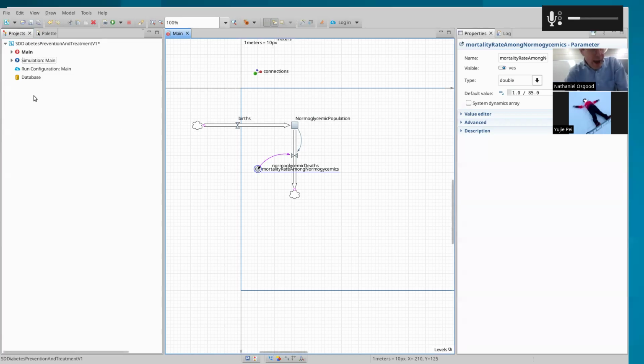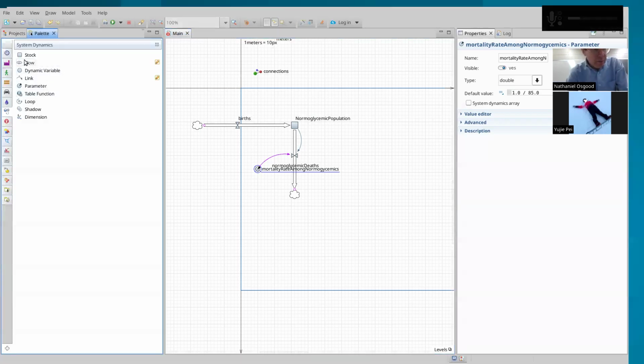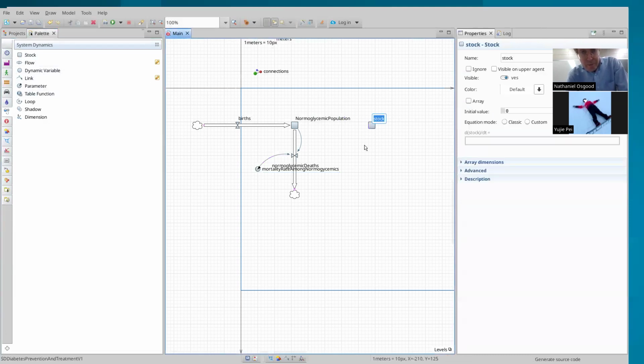I want to now add another stock, and it's going to be over here. And this is going to be undiagnosed diabetic population. Okay. People have diabetes but aren't yet diagnosed.